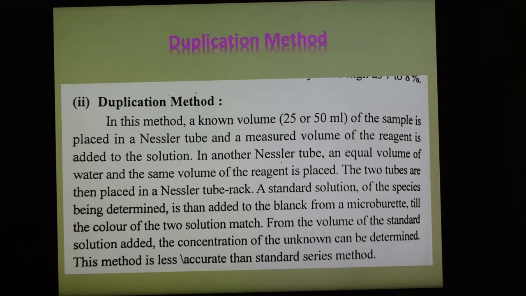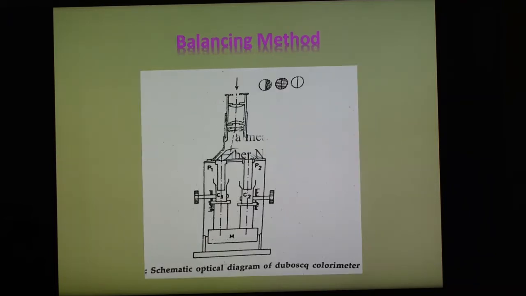The two tubes are then placed in the Nessler tube rack. The standard solution of the species being determined is then added to the blank from a microburette till the color of the two solutions matches. From the volume of the standard added, the unknown can be determined. This method is less accurate than the standard series method.